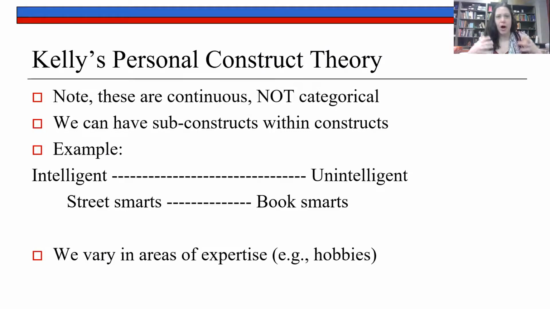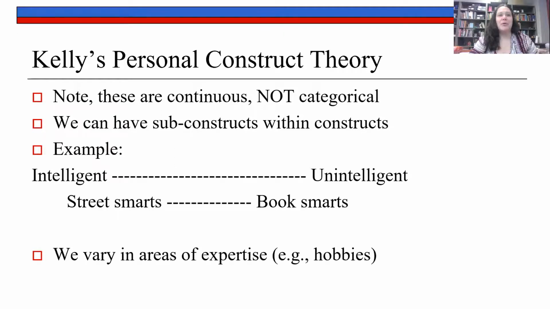So if you have a hobby or an interest, you will start to have a more complicated way of seeing that world. An example of this is I know nothing about sports. I know that you're probably trying to put a ball somewhere that you want the ball to go, or a puck or something. That's about it. So I go to the BVU men's basketball games because my partner loves basketball and because I know a couple of the players on the team, including a student who's in this class.